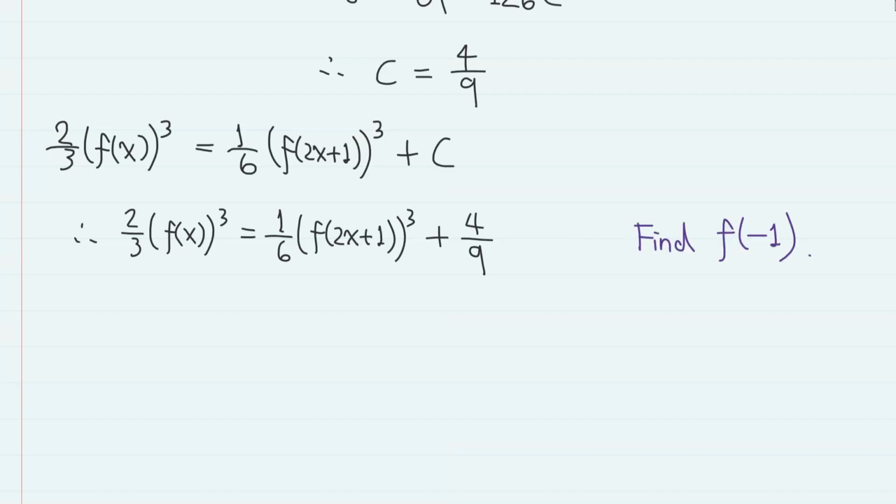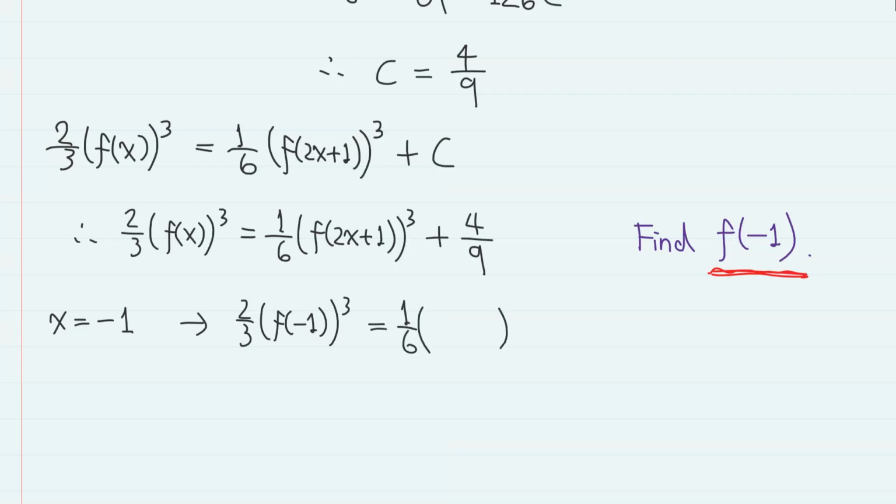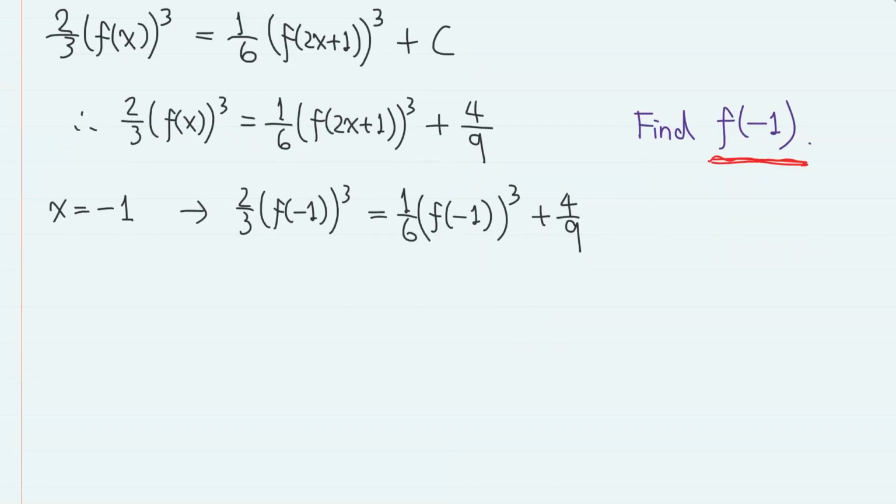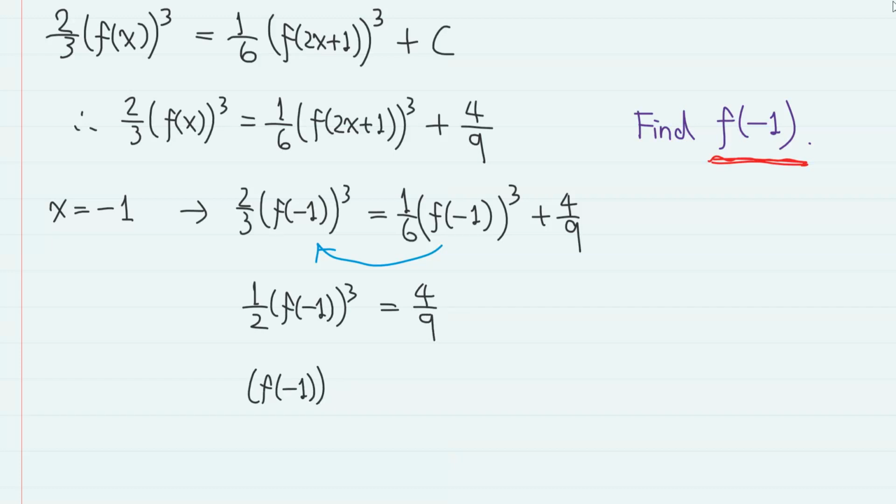Now the problem wants us to find the value of f(-1). This can be done by substituting x equals -1 into the above relation. Then, f(x) becomes f(-1), and f(2x+1) also becomes f(-1). So we have this equation, which can be rearranged into 1/2 f(-1) cubed equals 4/9. So f(-1) cubed equals 8/9.